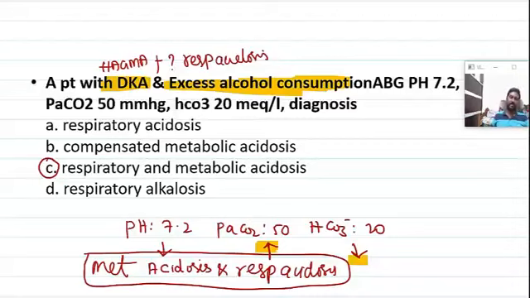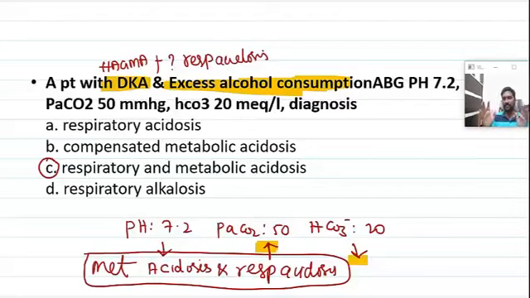So the concept here is this is an acidosis. Now if you observe CO2 and bicarbonate, if it is a simple acid-base disorder, always these parameters should be moving together. But whenever they are not moving together, it means it is not a simple acid-base disorder. Probability of mixed acid-base disorder can be there. Now compare the history. Is there probability of two disorders existing here? Definitely yes. The patient is having DKA and excess alcohol consumption.